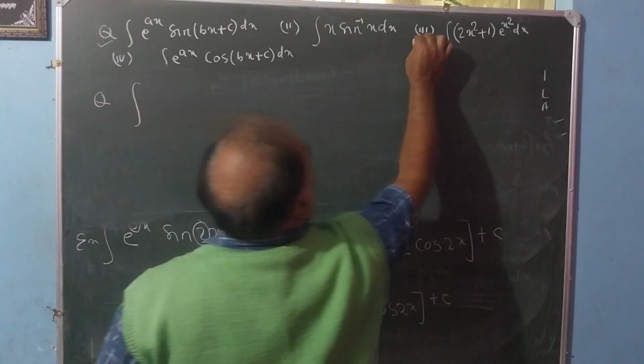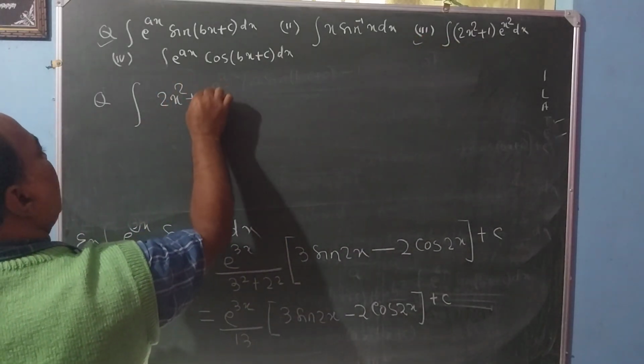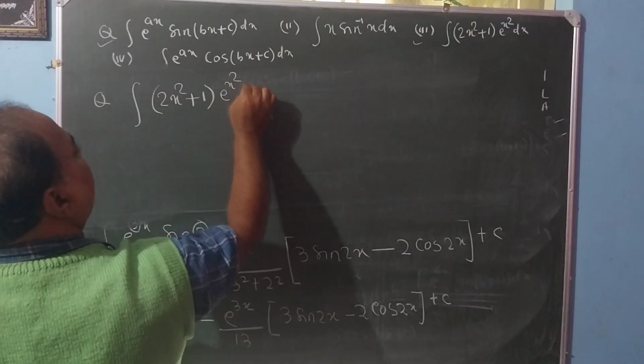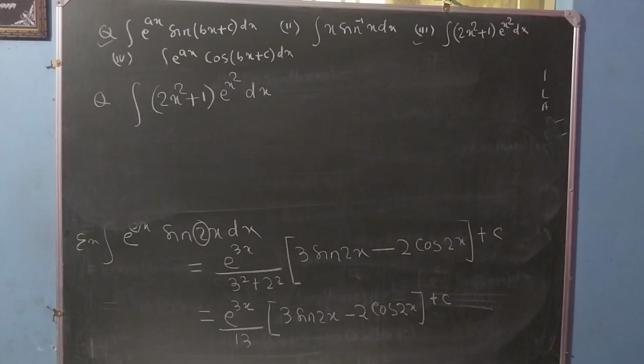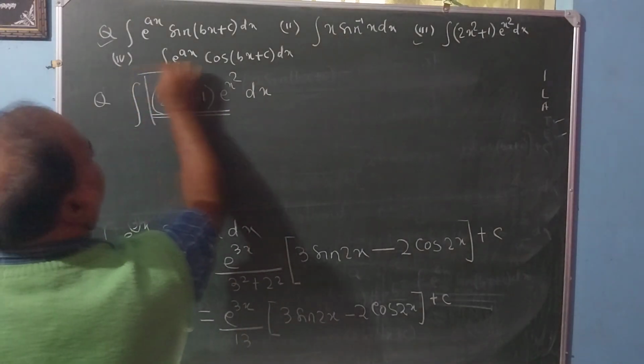Integration of 2x square plus 1 into e to the power x square dx. So this is a very special problem. Whose derivative is this? The derivative is given.